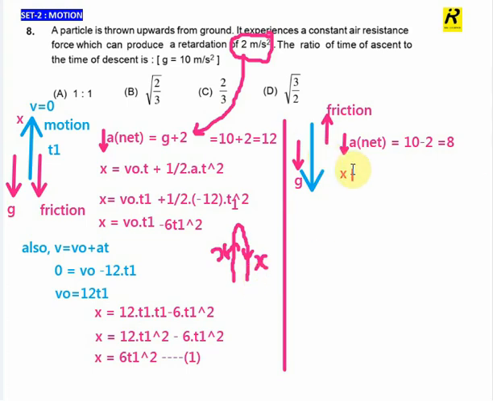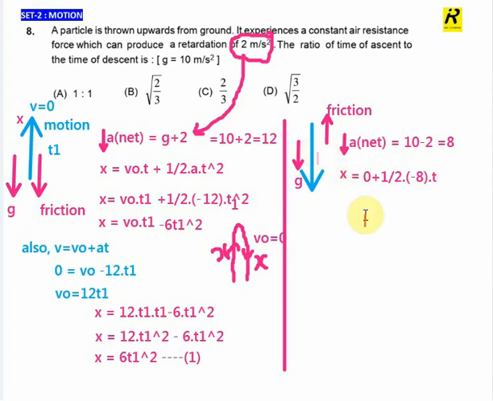So x is equal to, in this situation when it is coming down, the initial velocity should be taken as 0. So when it is coming down, initial velocity is taken 0, plus half into, in bracket, minus 8, into the downward time, which is T2.